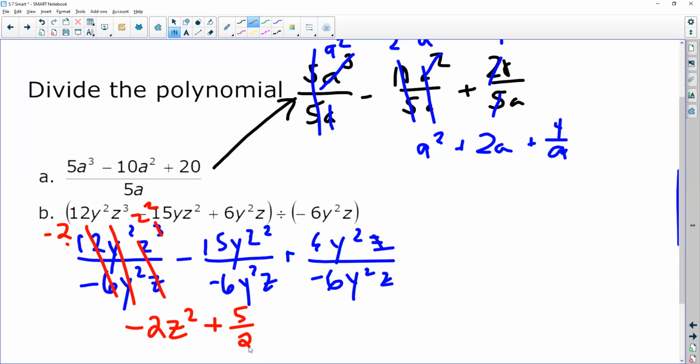Y on the top, y squared on the bottom, leaves 1 y in the bottom. And then z on the bottom goes into z squared once, so that leaves a z on top. And then 6y squared z divided by negative 6y squared z, let me say that whole thing again.